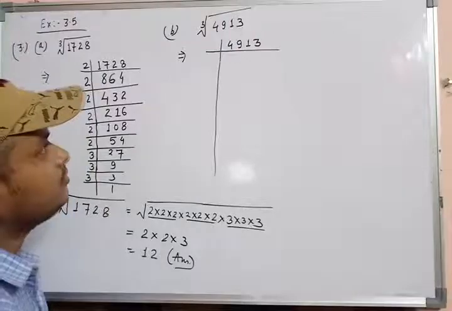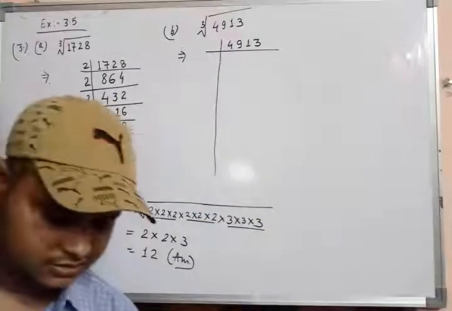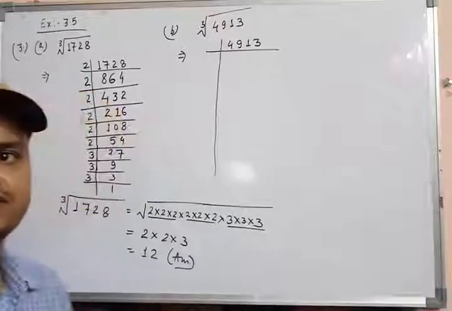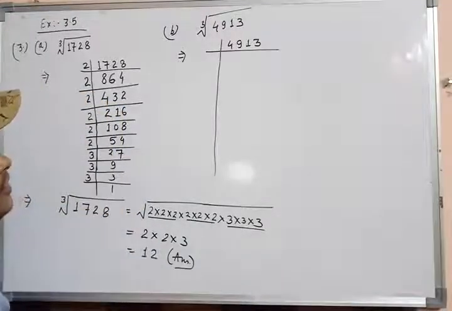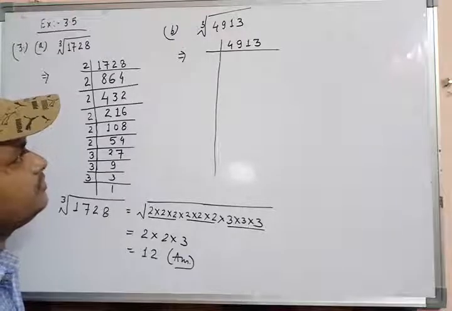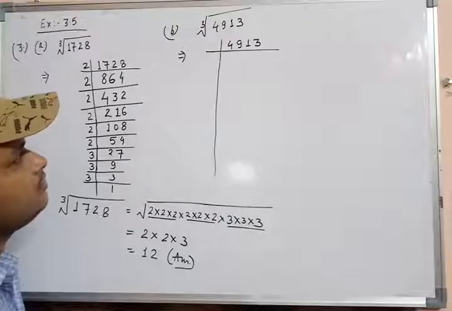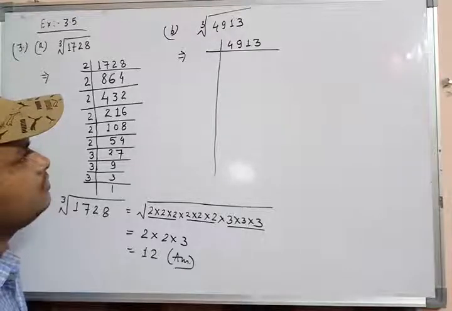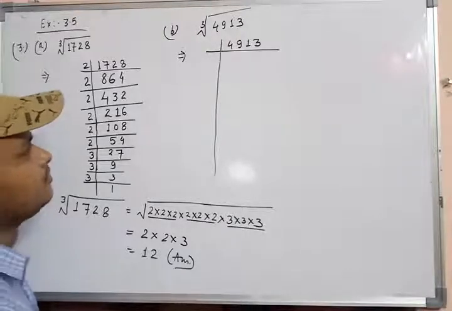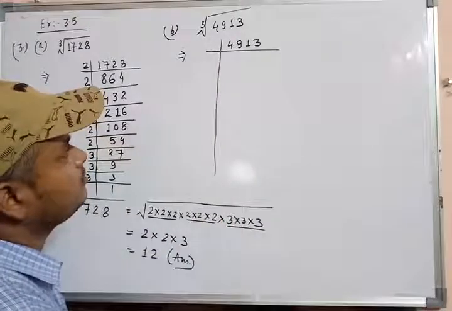You have to guess which number divides this number. So 4 9 13, 13 1, 14 14 3 17. This number is not divisible by 2.